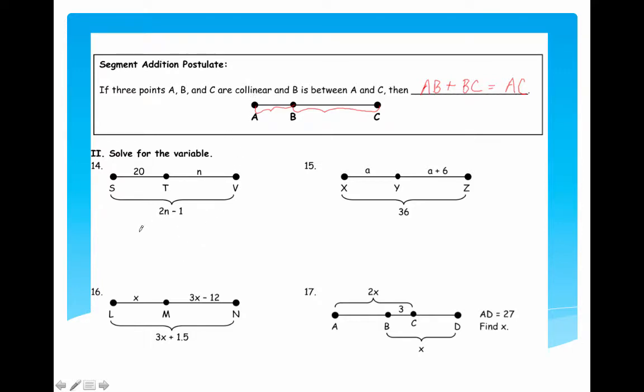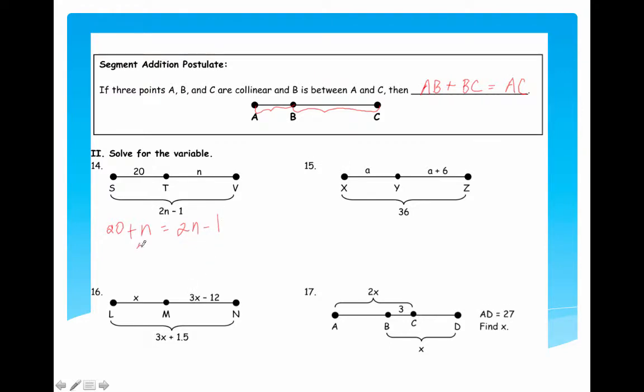Okay, so in this case, we have that 20, the measure of ST, plus N, the measure of TV, equals the measure of SV, which is given to be 2N minus 1.